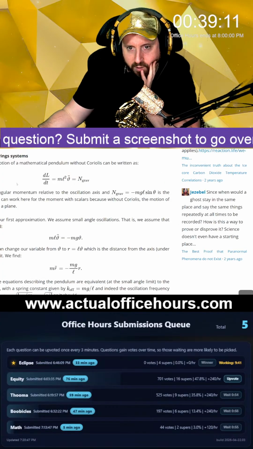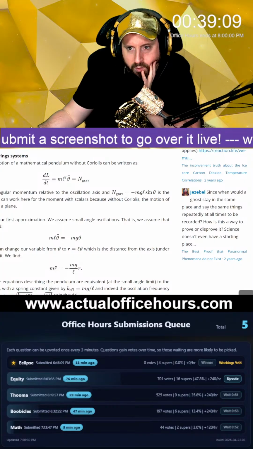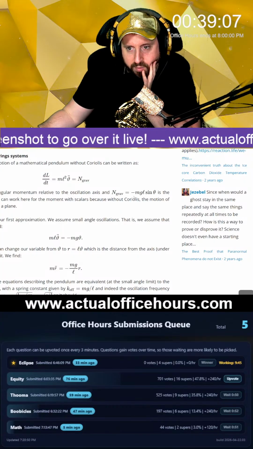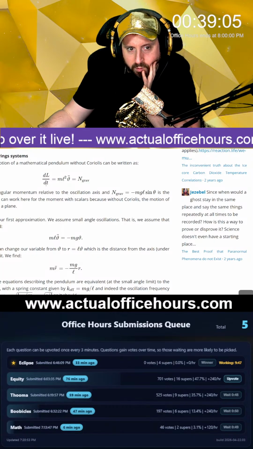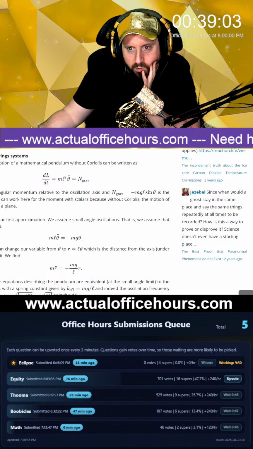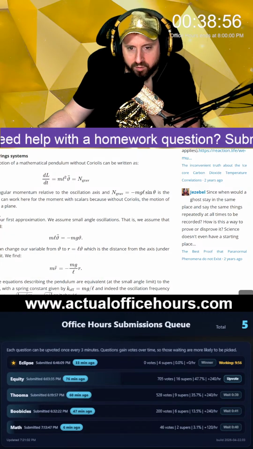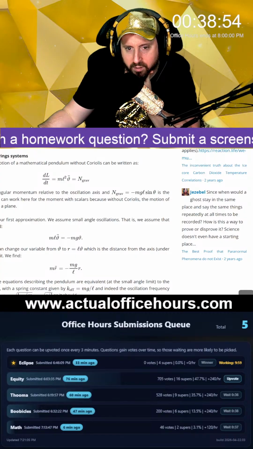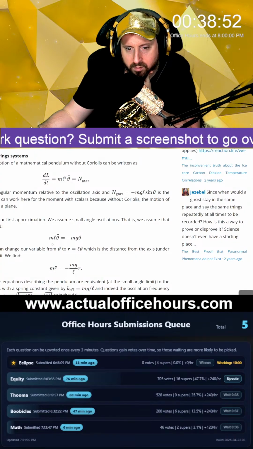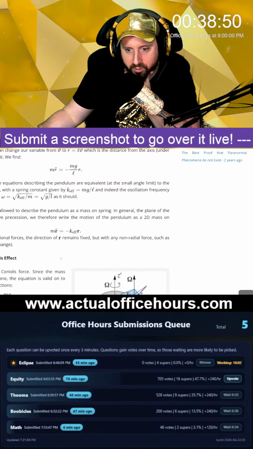It's an upper division mechanics class for sure. And then, where does the mgl sine theta come from? And then they do the small angle approximation. They're kind of messing up their symbols here.